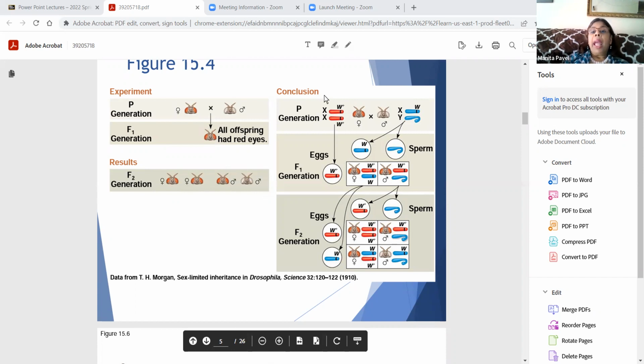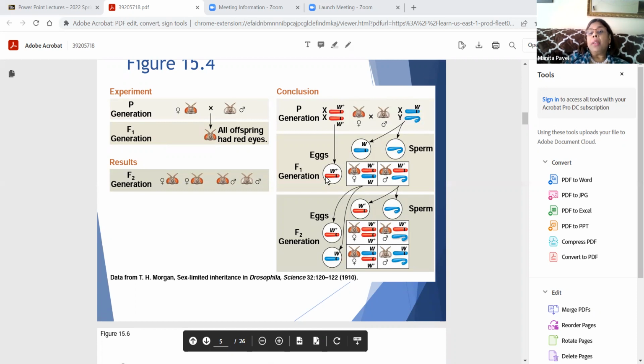If you carry out the cross here, you see the wild type was on the X chromosome, and the female had the red eyes, and the white eyes were on the X chromosome, but this was the white-eyed mutant variety.